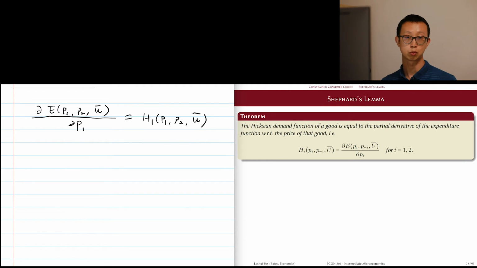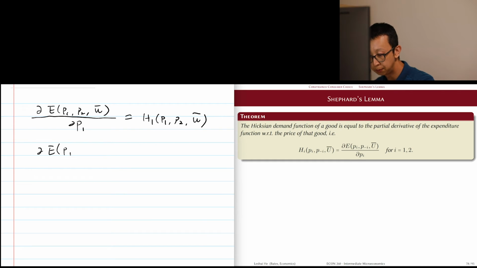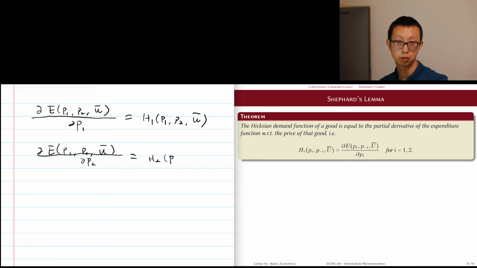And similarly, this works for good 2 as well. If we take a partial derivative again of the expenditure function, which is a function of P1, P2, and u bar, with respect to the price of good 2, which is P2, then we're going to end up with the Hicksian demand for good 2, the demand that minimizes the expenditure level. And it is, again, just a function of the prices, P1, P2, and u bar.